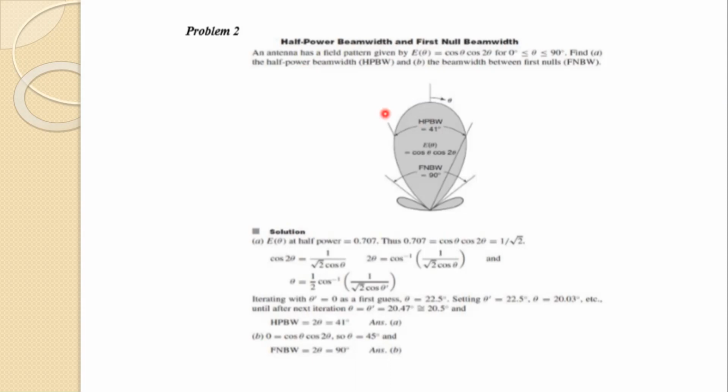Assume the radiation intensity pattern of the antenna U equal to the function given by B naught sin cube theta.